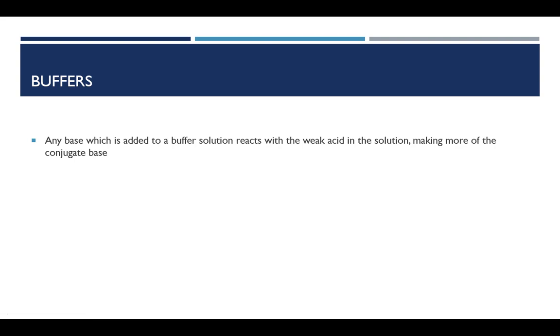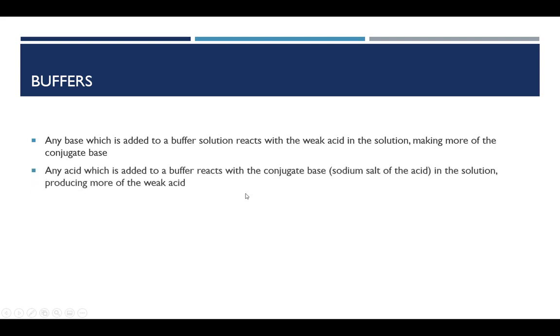At the end of the process, you have weak acid mixed still with conjugate base. On the other hand, if I add an acid to a buffer, it reacts with the conjugate base, which was that sodium salt, and that makes more of the weak acid.